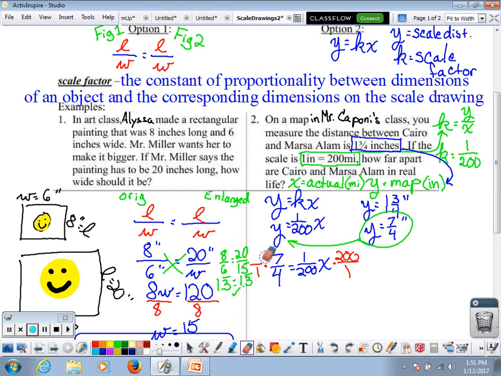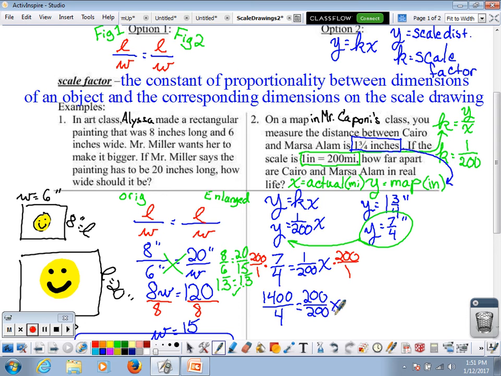Sloppy there. Better. Now, how do you multiply fractions? Straight across. So 200 times 7 is 1,400. 1 times 4 is 4. 1 times 200 is 200. 200 times 1 is 200.